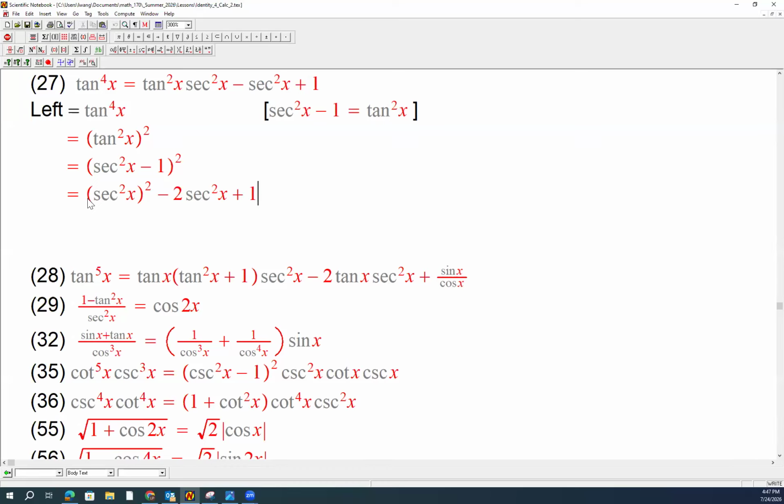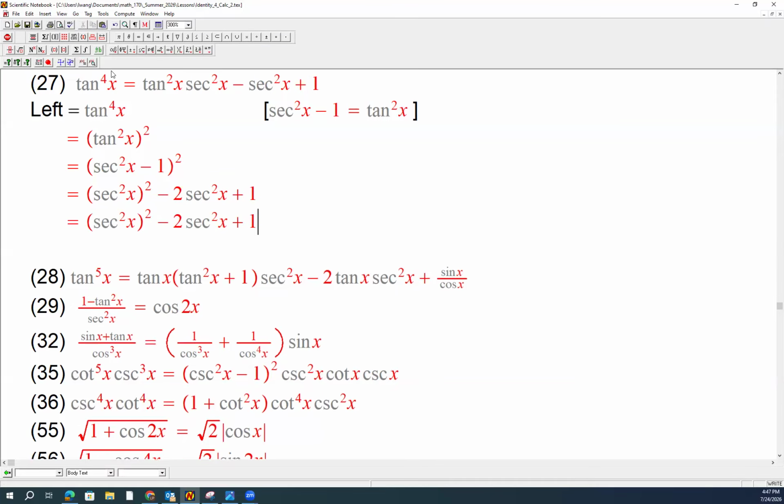But what are we going to do with this piece? On this piece, we will keep 1 secant squared, and we're going to write it as secant squared times secant squared. And we keep 1 of the secant squared, and the other secant squared will turn into 1 plus tangent squared.